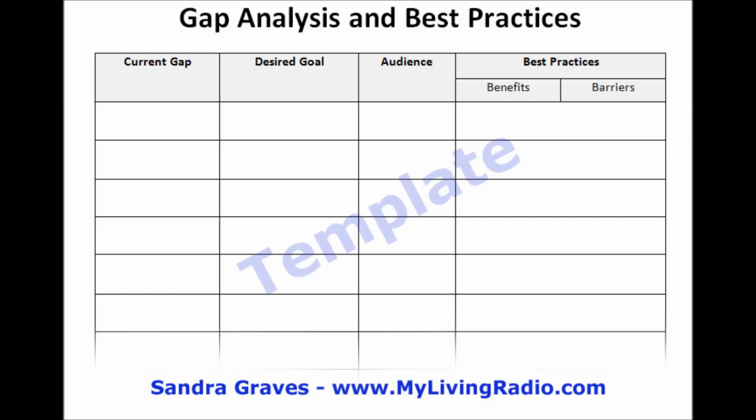Then in the third column, you're going to see it says audience. Who is your target audience? It doesn't matter what you are doing, what kind of business you are in, you always have to focus on the audience. And as a UI designer, you know that meeting the user's needs is always vital.